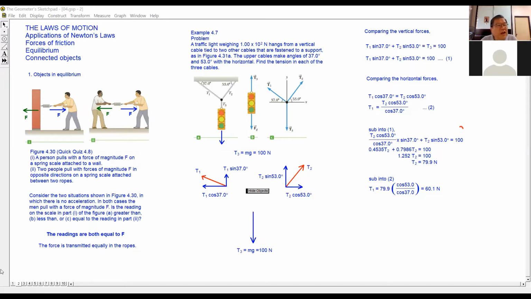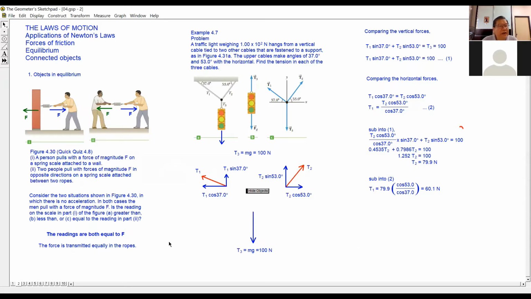So can you read this question here? Figure 4.30. A person pulls with a force of magnitude F on a scale attached to a wall. Two people pull with a force of magnitude F in opposite directions on a scale attached between two ropes. Okay.